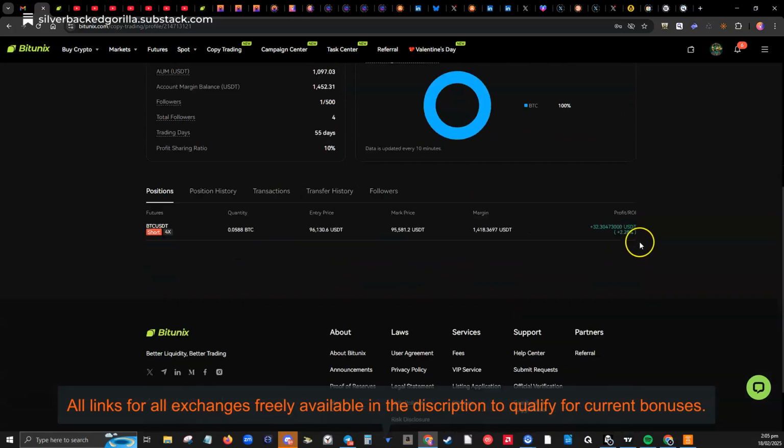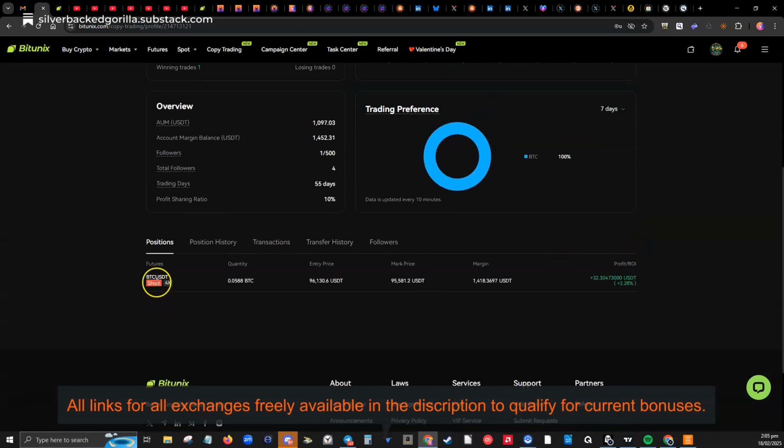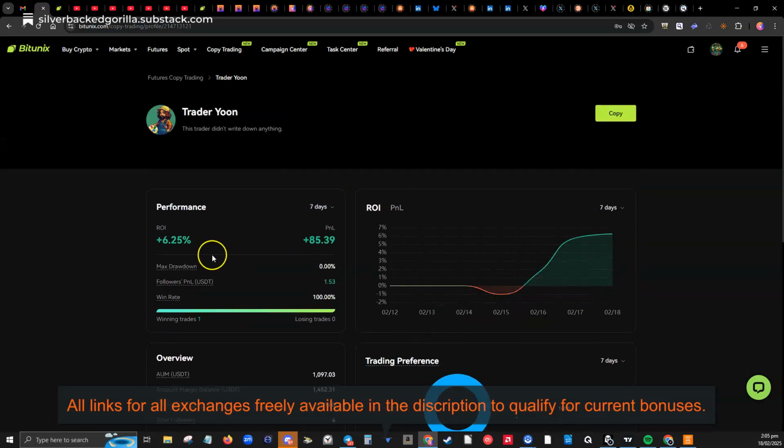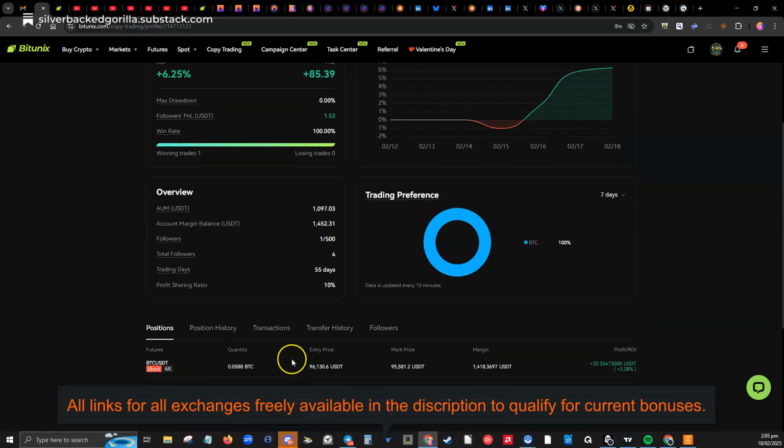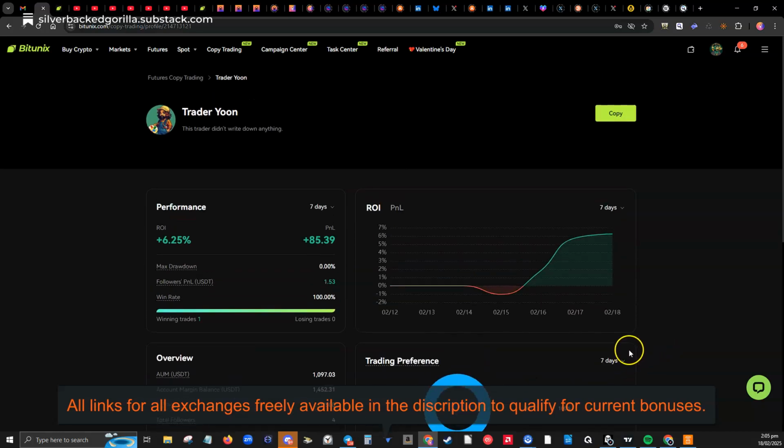You can go in and see how much leverage they're taking. Look at this guy, 4x leverage. He's obviously measuring exactly what he wants to be involved with, and he's got BTC. He's got a short too, like me. Smart guy.